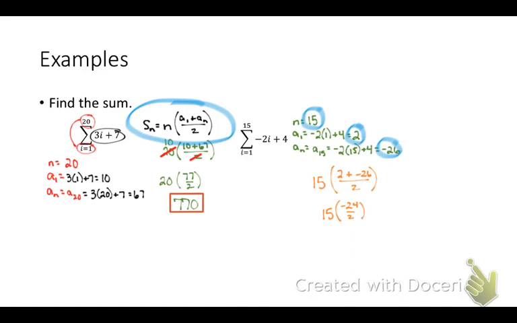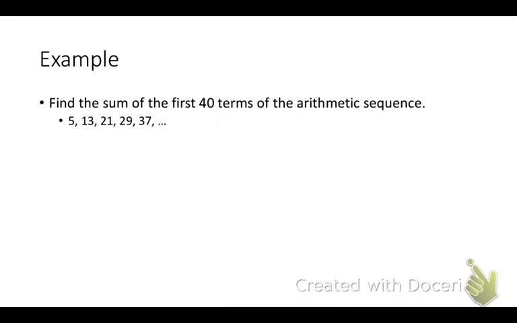If you want to call that negative 12, I have no issue in that. So negative 12 times 15. So a sum of negative 180.